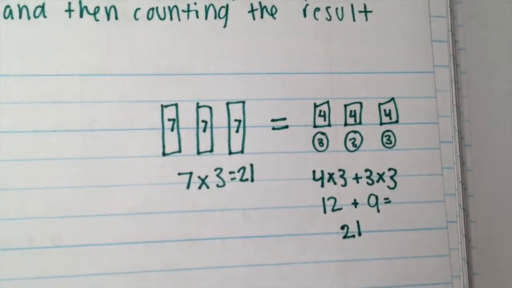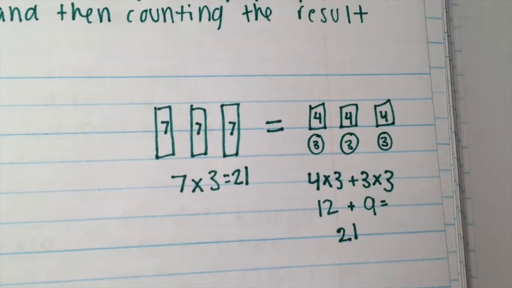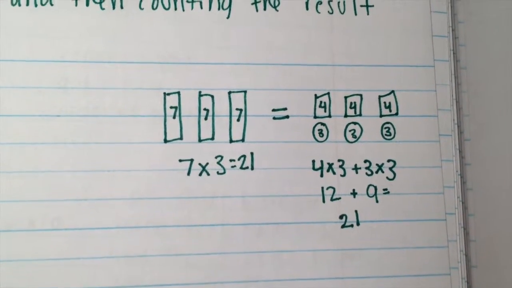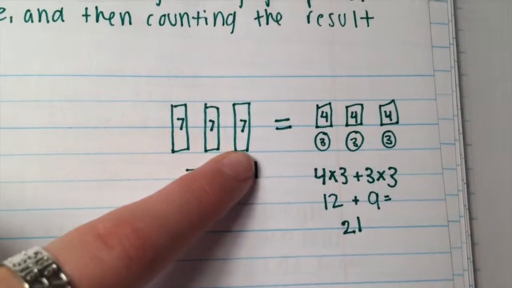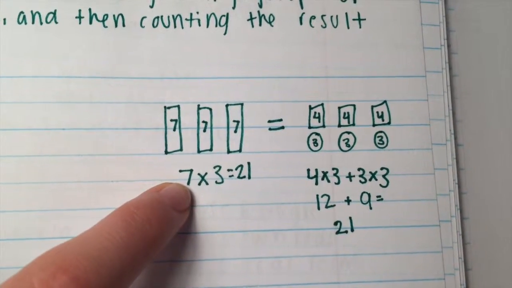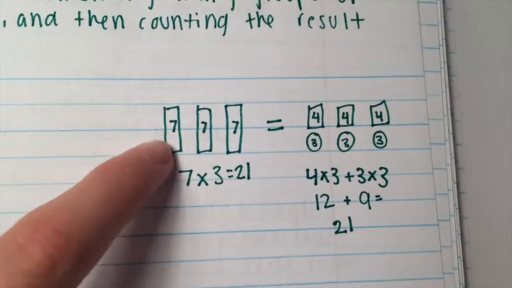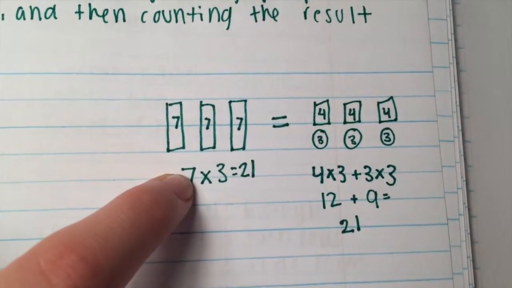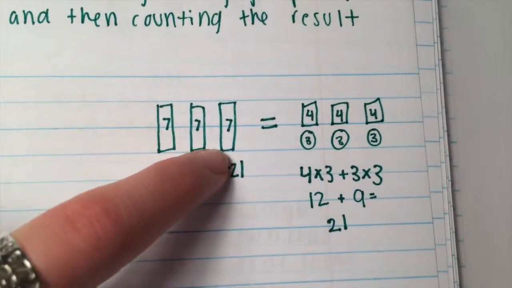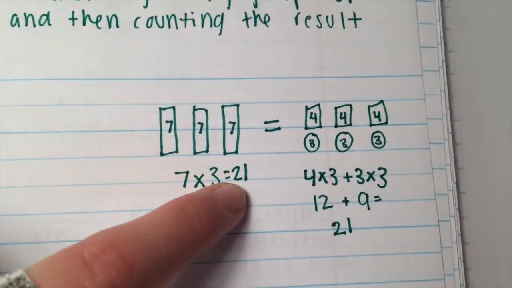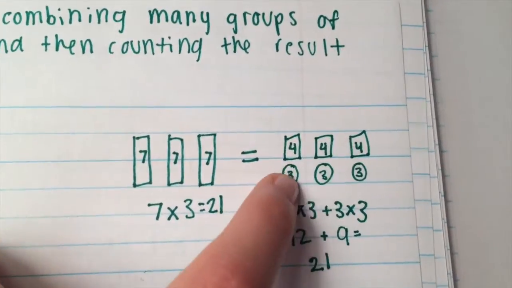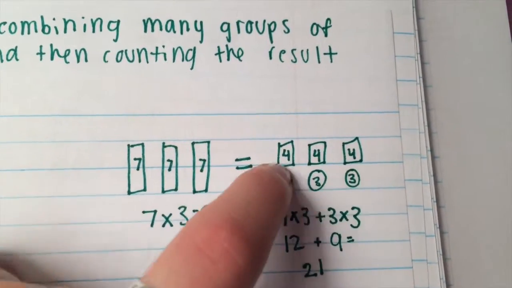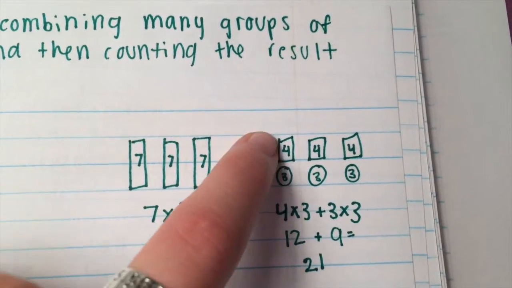Another thing to keep in consideration, similar to the previous videos, is the idea of conservation and regrouping. As we can see here, we have 3 rods of 7 each. So if we have 3 groups of 7 each, combining these 3 groups of 7, we get 21. That's also the same as having 3 groups of 4 and 3 groups of 3, because 7 split is 4 plus 3.